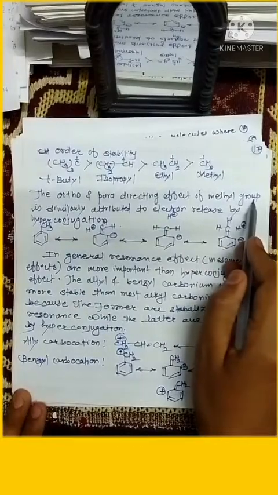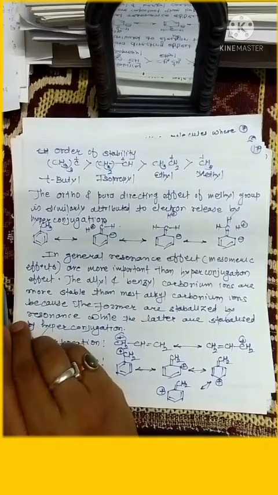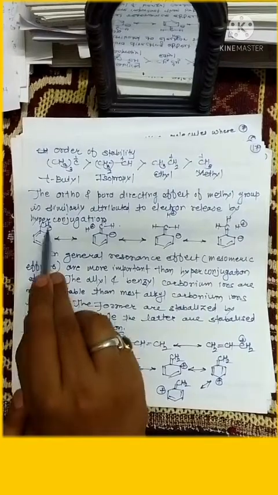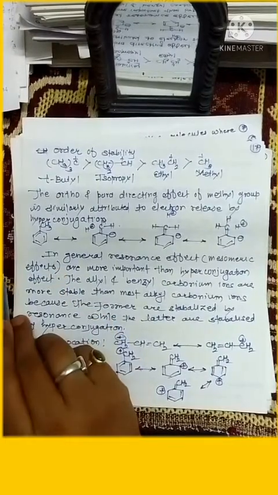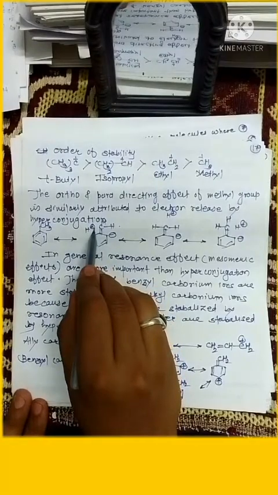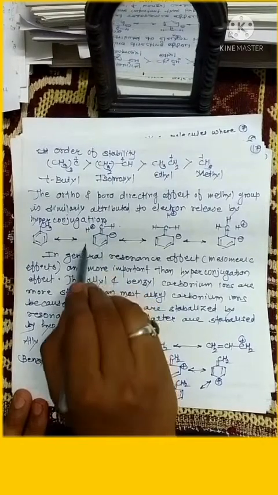The ortho and para-directing effect of methyl group is similarly attributed to electron release by hyperconjugation. So just see, this is the structure of toluene. One can easily shift the bond between hydrogen and carbon in between carbon and carbon.